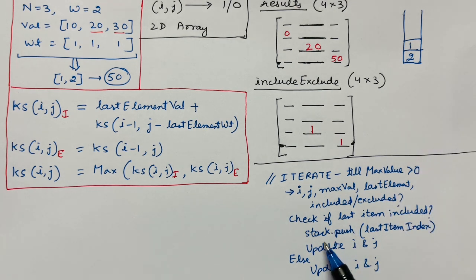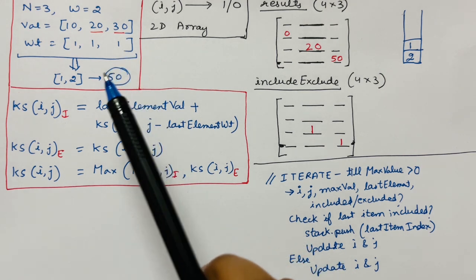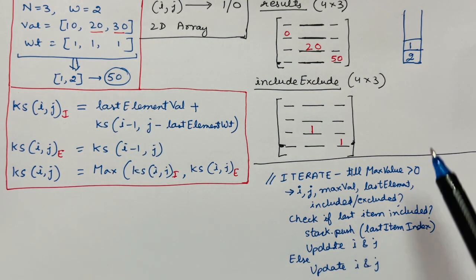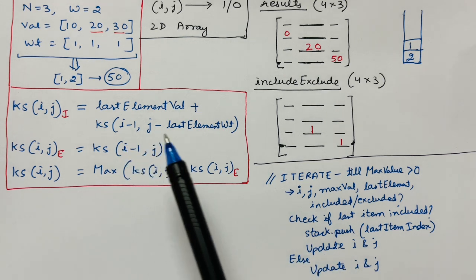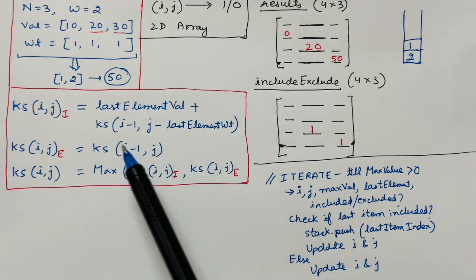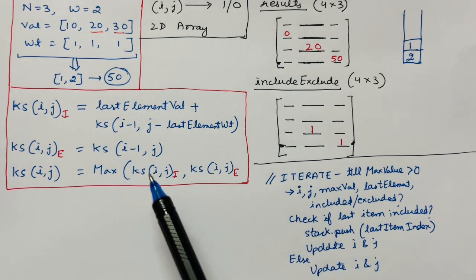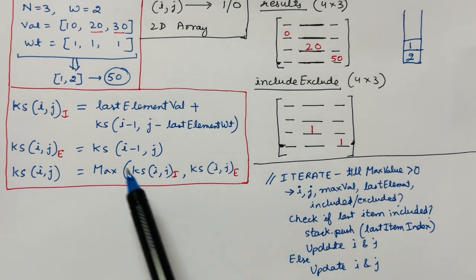So we will push that in the stack. We are using a stack here because we are getting the information about later elements first. So we put that in the stack. And then we know what will be our subproblem. And for the subproblem, we will update our i and j accordingly. Else, if the last item was not included, then again we will update our i and j accordingly.